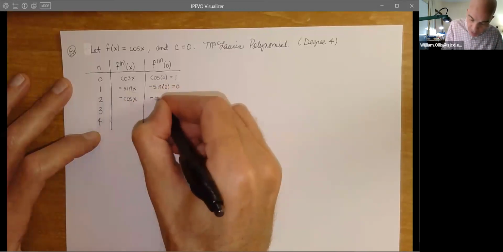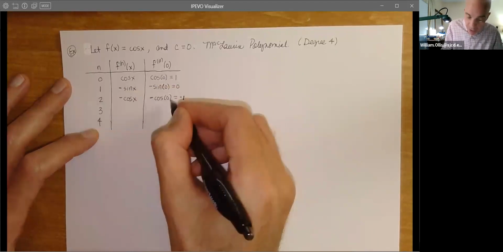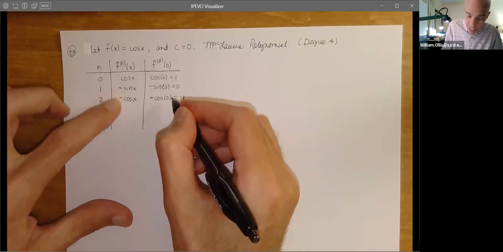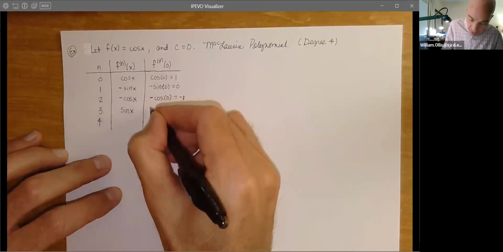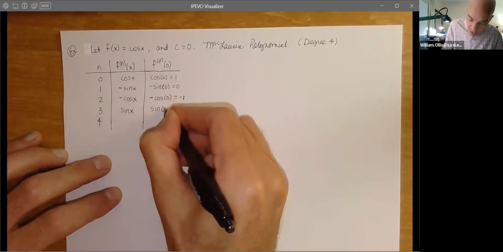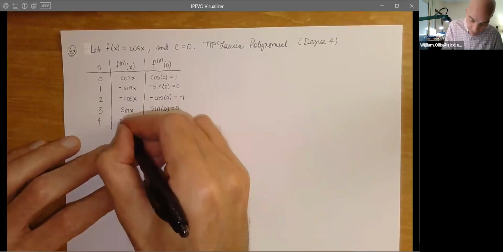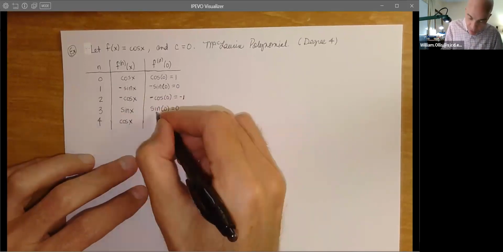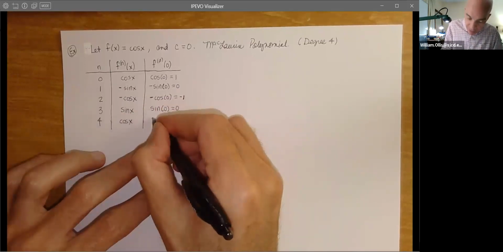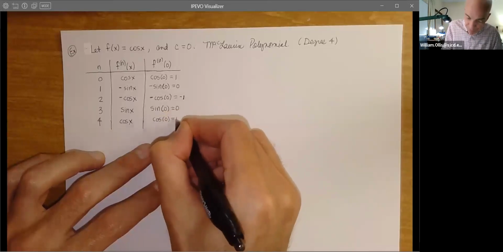So we have negative cosine of 0, which is negative 1. Now the derivative of negative cosine is positive sine. And sine of 0 is 0. And of course, the derivative of sine is cosine. So we just go back and forth, you know, this pluses and minuses bit. So cosine of 0 equals 1.